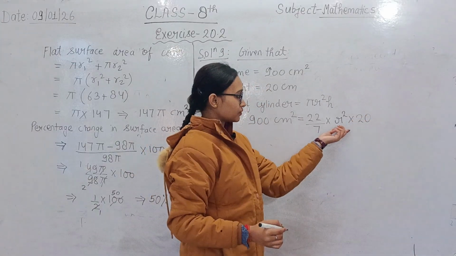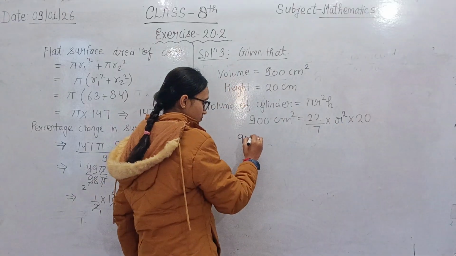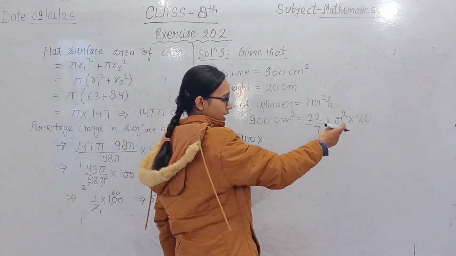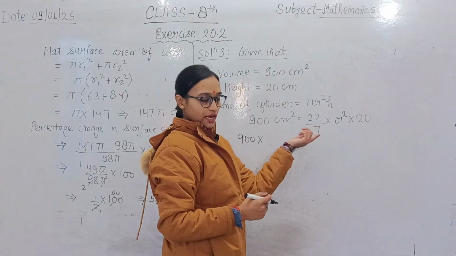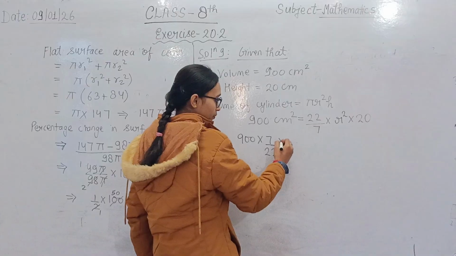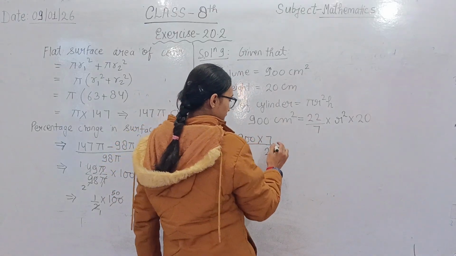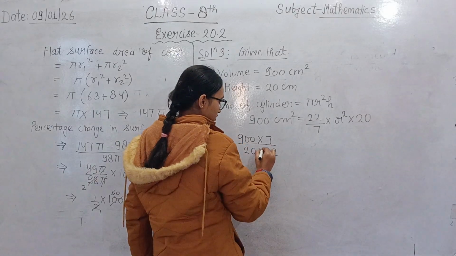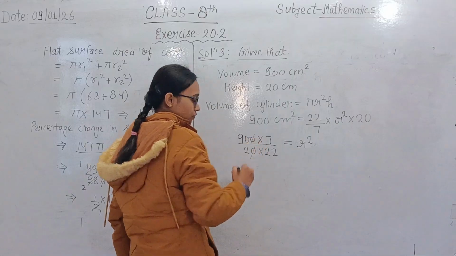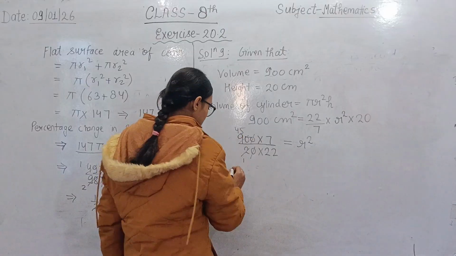So we have to calculate the value of R square. So 900, 22 upon 7 is in multiplication in the RHS. So when we will shift it to the LHS, it will get reciprocal. So 7 upon 22 multiplied by 20 is in multiplication, so it will be in division to R square. 0, 0 will get cancelled out. 2 ones are 2, 2 fours are 8, 2 fives are 10.